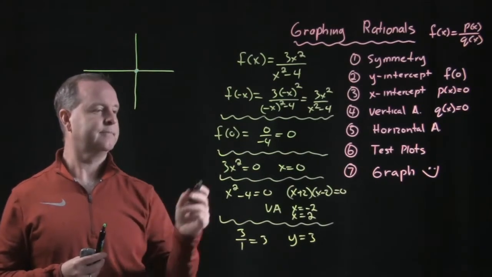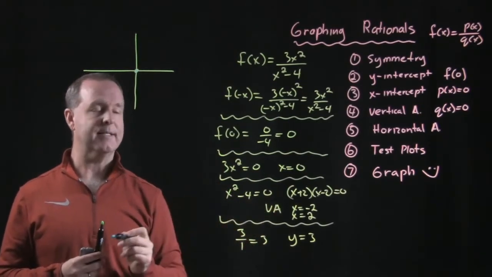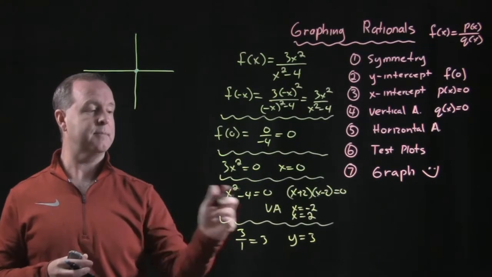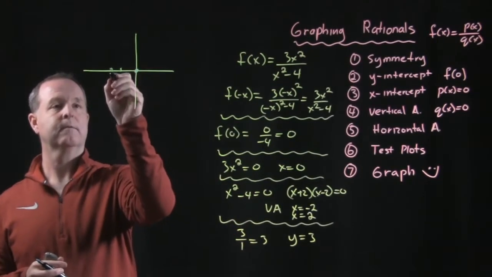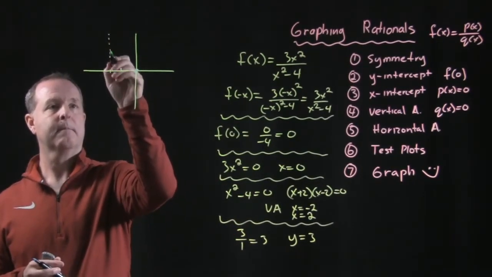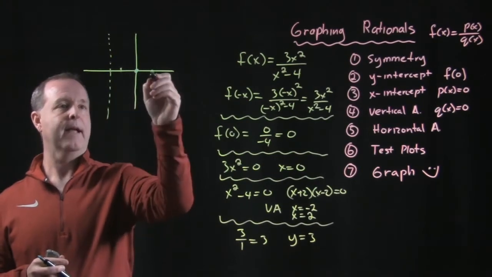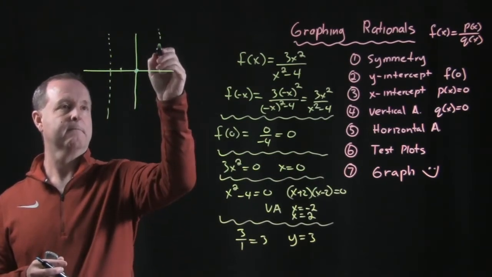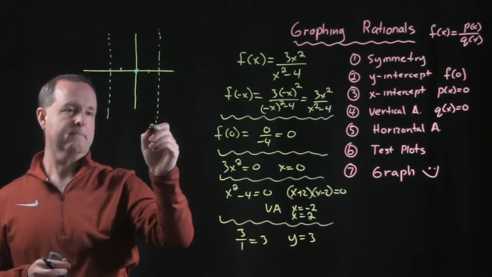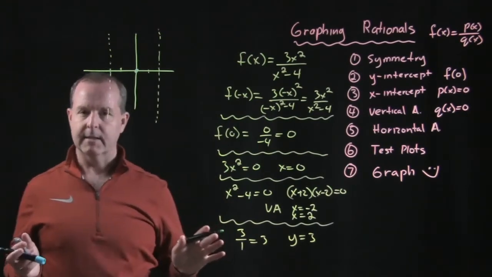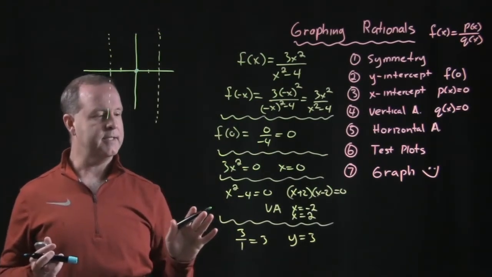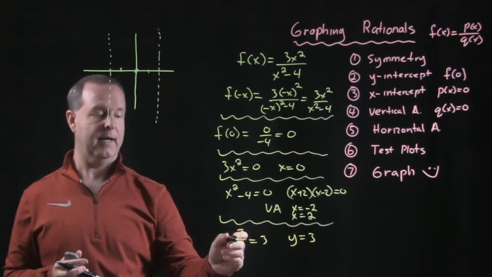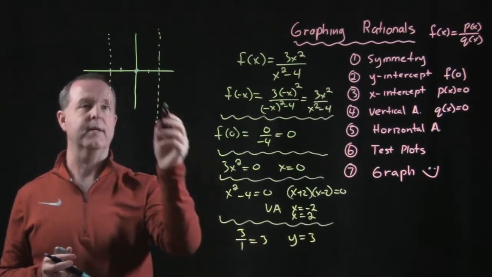All right. Second one is I have vertical asymptotes. Yes, I do. I have vertical asymptotes at negative 2 and positive 2. Nice and slow. Easy does it.